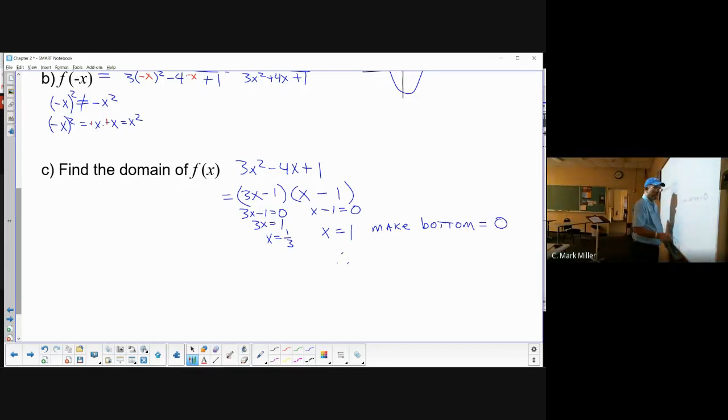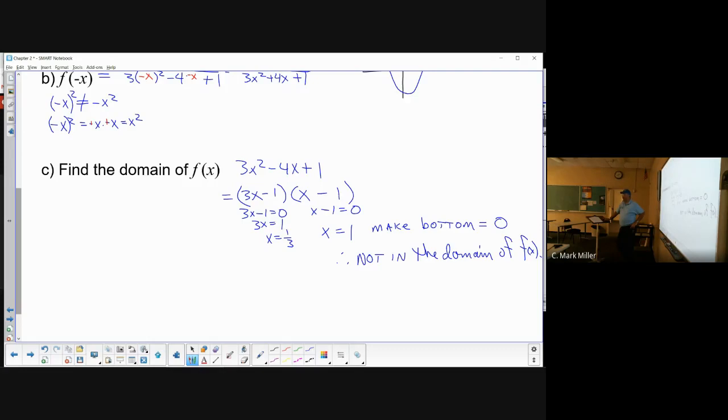Therefore, not in the domain of f of x. All right?